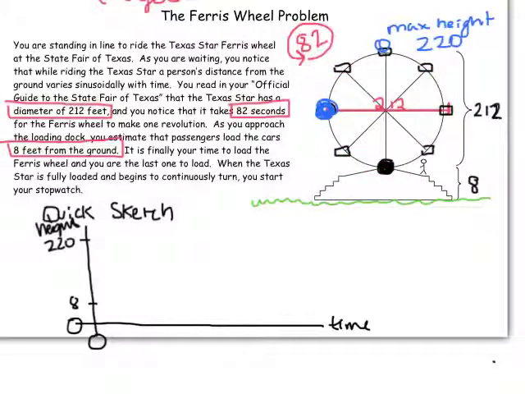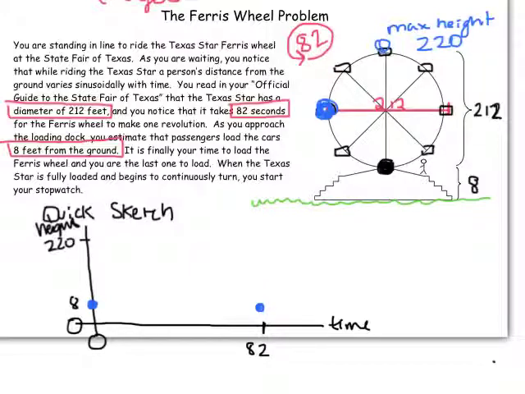So do make sure that you're following your starting height. We're told that our starting height is 8. You go around the circle. Okay, so at 0 seconds, we are 8 feet high. And then also at 82 seconds, we are back at 8 feet high.